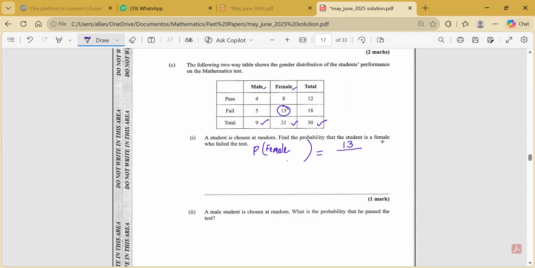You want to select out of those 30 students a female who failed the test. So what was the total number of persons who failed the test? So we're looking at people who failed the test.